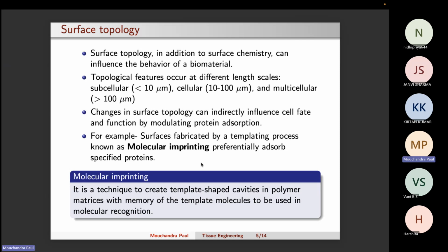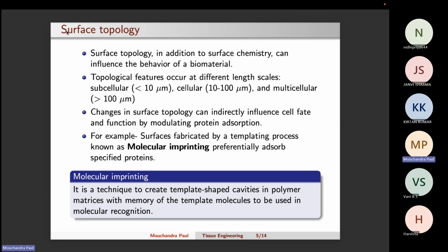PEG is also non-toxic, cytocompatible, and biodegradable as well. So it is good for tissue engineering applications or for drug delivery applications. So in this way, you can use PEG, and you can look for other examples as well, which are used for making the surface non-fouling.